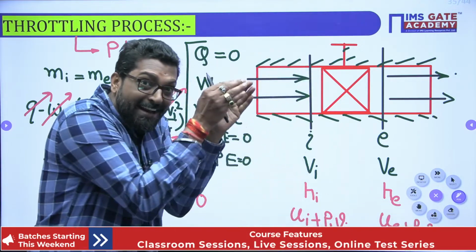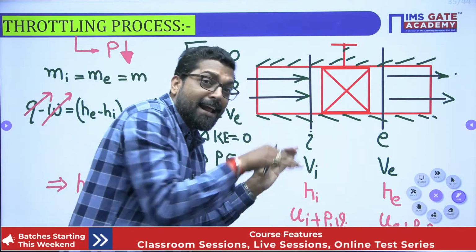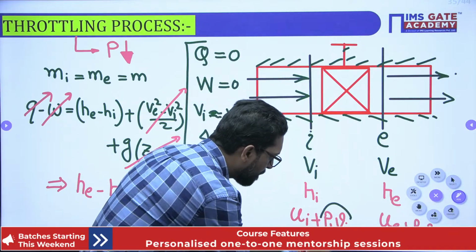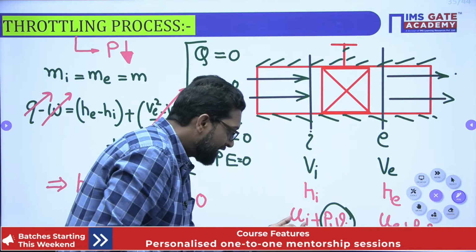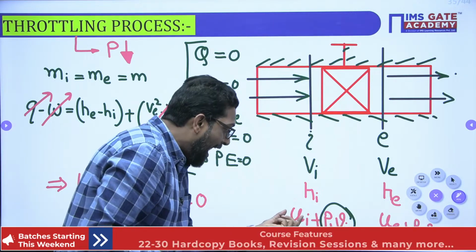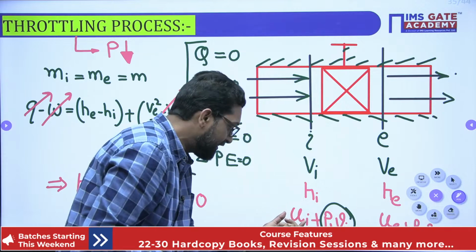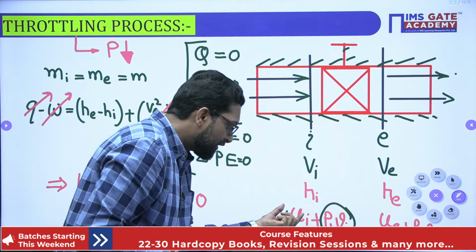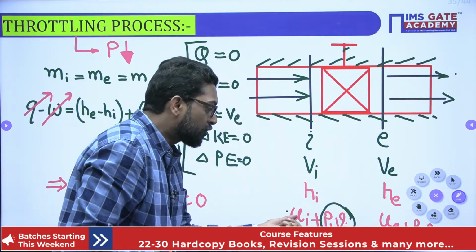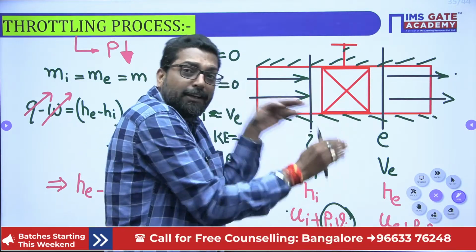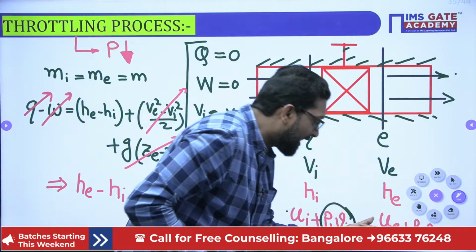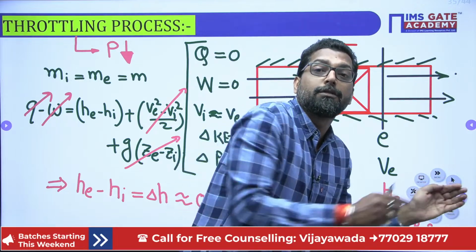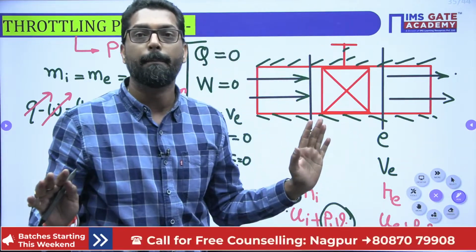That means the energy content due to internal energy and due to the flow pressure. This energy is due to the pressure, and this is associated with the temperature. That means the energy associated with the temperature plus the energy associated with the pressure at the inlet to the throttling is the same as the energy associated with the temperature at exit plus the energy associated with the pressure.